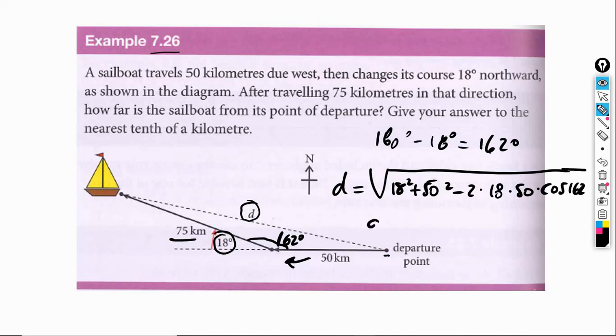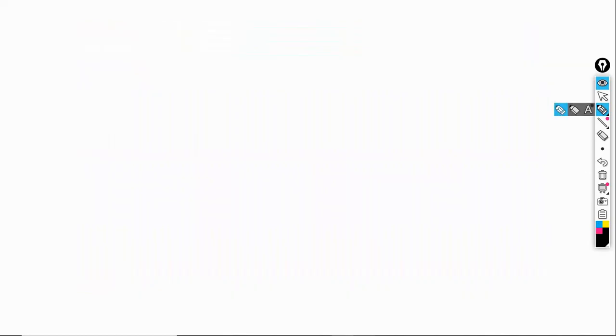And that means that D is approximately, if we put this in the calculator, and we need to leave the answer with the nearest tenth of a kilometer, and that would be 123.5 kilometers.